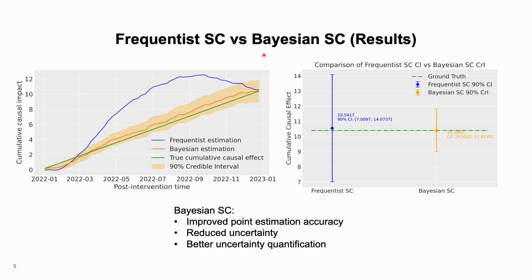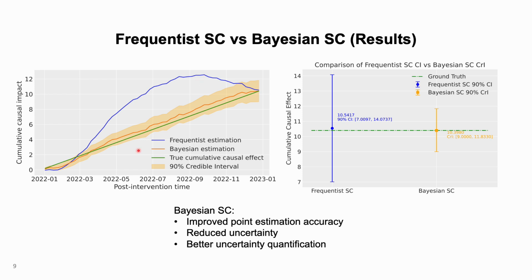To better compare the results from the frequentist approach versus the Bayesian approach, we overlaid the cumulative causal impact of these two models in the left figure, where the ground truth is plotted in green, the Bayesian modeling results are plotted in orange, and the result from the frequentist approach is depicted in blue.